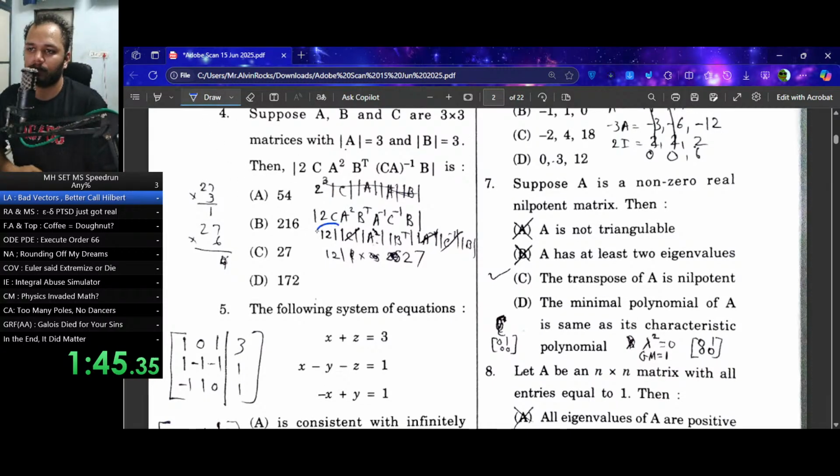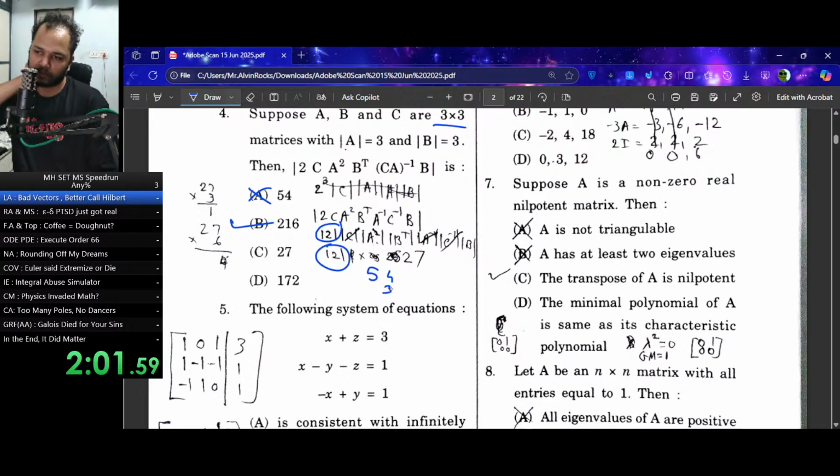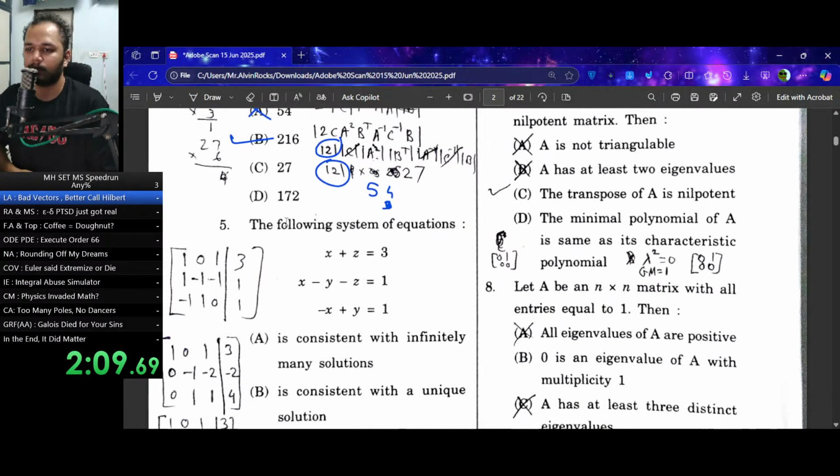Okay. Mistake. So this is wrong, this is correct because it's not 54 multiplied by 2 to the power 3 cross 3 matrix. So maybe not that. Maybe 4 probably.